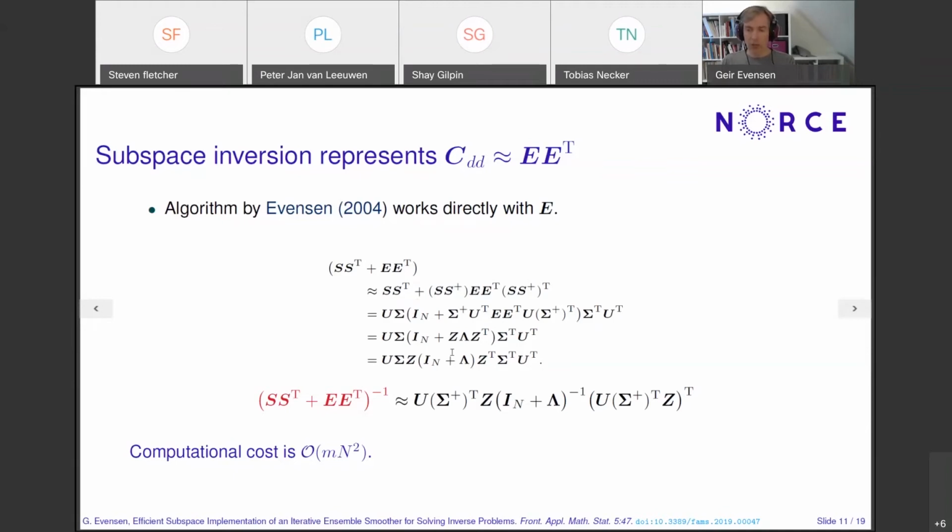And with some manipulation, we get a very simple equation in the end, where what we invert is a diagonal matrix, the size of the ensemble, and the main computation is the SVD of this S matrix, and that's linear in the number of measurements. So in a way, we have an inversion now that takes into account cross correlations between measurement errors, and which we can compute linearly in the number of measurements.